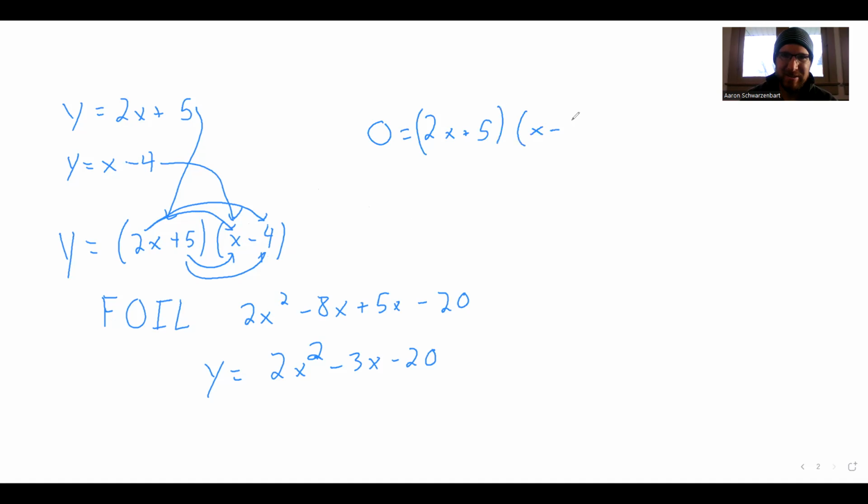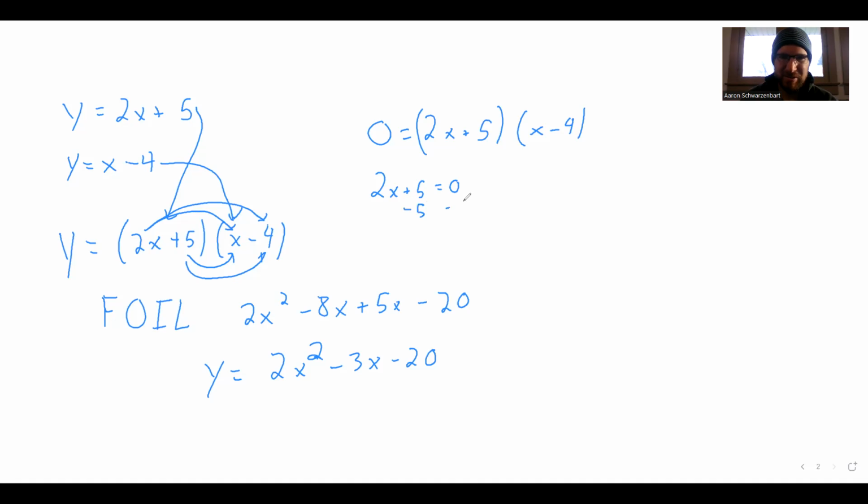And I know that 0 times anything is going to be 0. So if this factor, 2x plus 5, equals 0, the whole thing will equal 0. And since this is just another form of that, if this equals 0, then so will this.